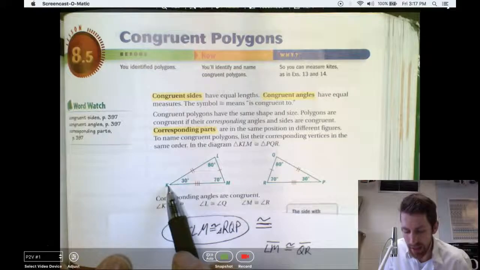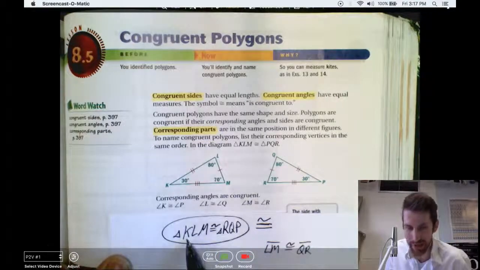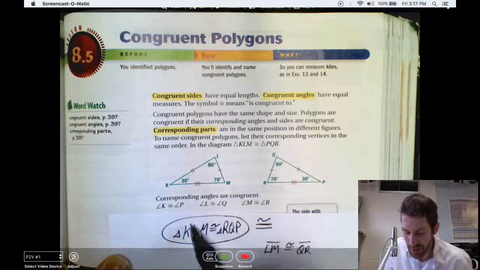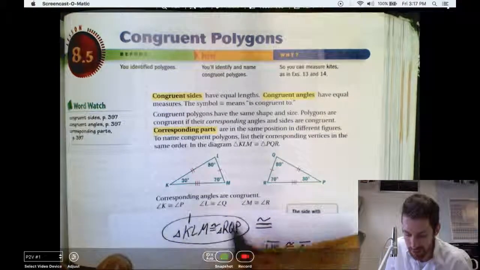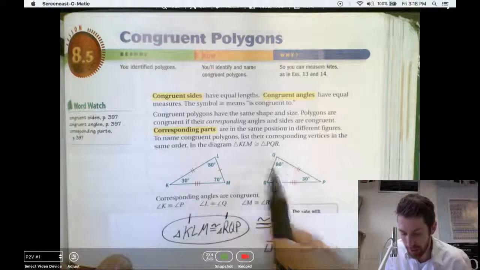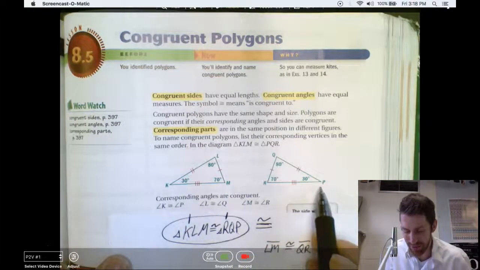Because K corresponds with what point over here? What vertex? P. So K is listed first here, but P is listed last here. If this one's first, and this one's first, that I've listed here, then I'm saying K corresponds with R, and L with Q. L, Q, well that got right. And then M and P, but M and P, no, that's not right.